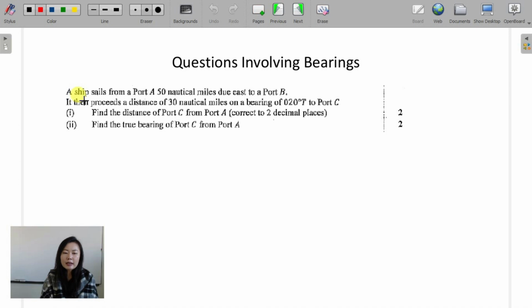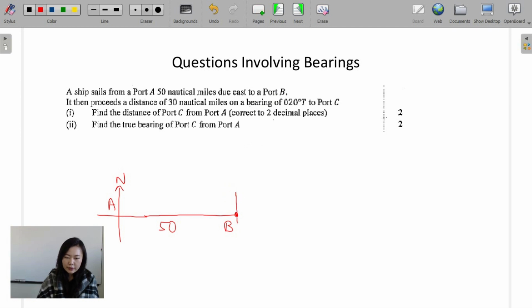So a ship sails from a port A 50 due east to port B. So let's draw this thing. That's A, that's north. Sails east, so that direction to B for 50. And then it proceeds a distance of 30 on a bearing of 20.